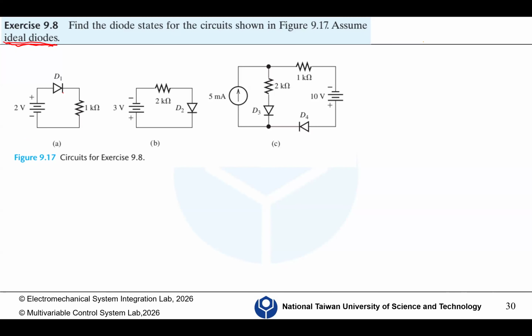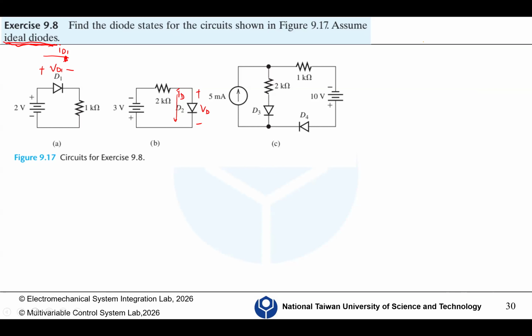I mark V1, VD1, and ID1. For A, I can immediately recognize that this diode is on, but in order to follow our previous assumption, I mark VD1 and assign a direction of ID1.